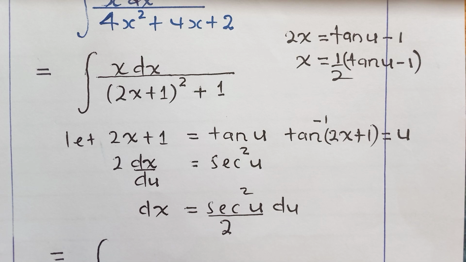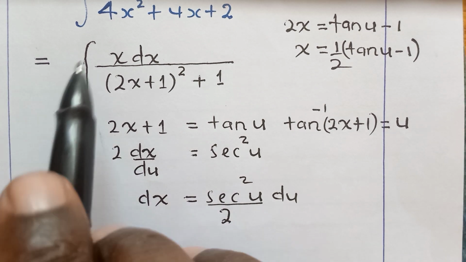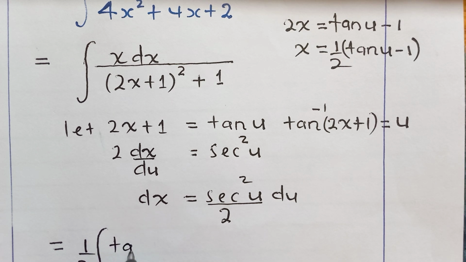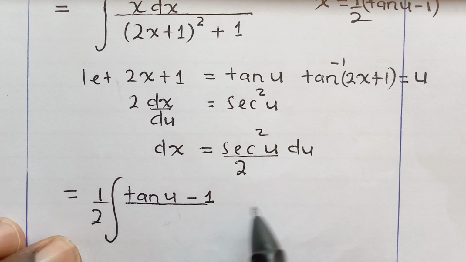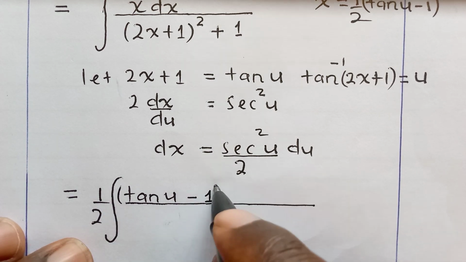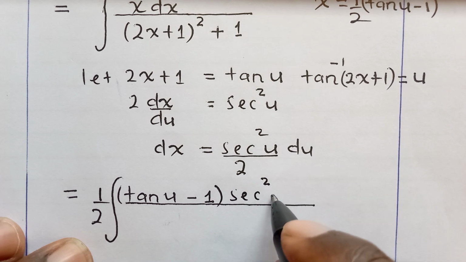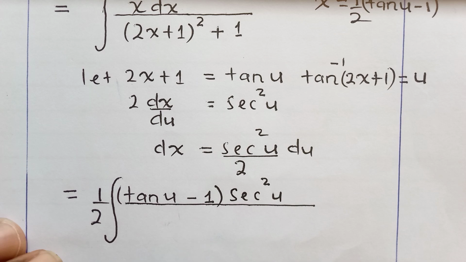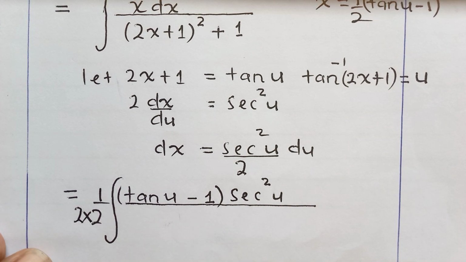Instead of writing x, I can write that. I'm now replacing for x. This one is going to be tan u minus 1. And then I can come and replace for the dx. For the dx, we have sec squared u all over 2, which 2 I can also add here, that is multiplied by 2 once again.